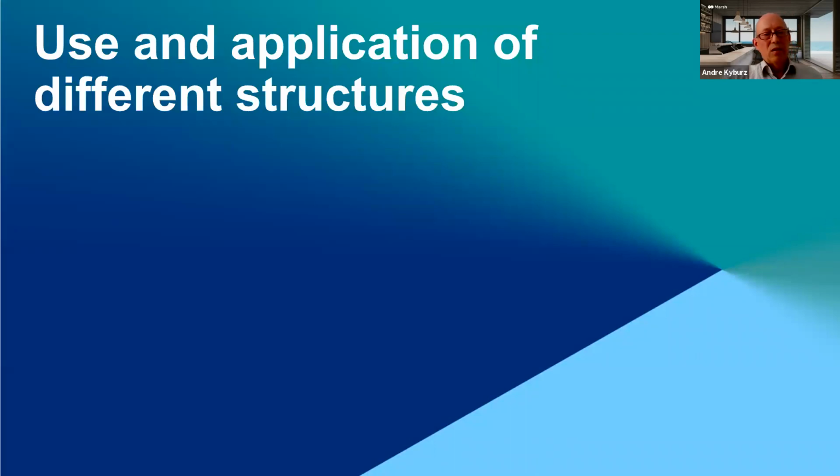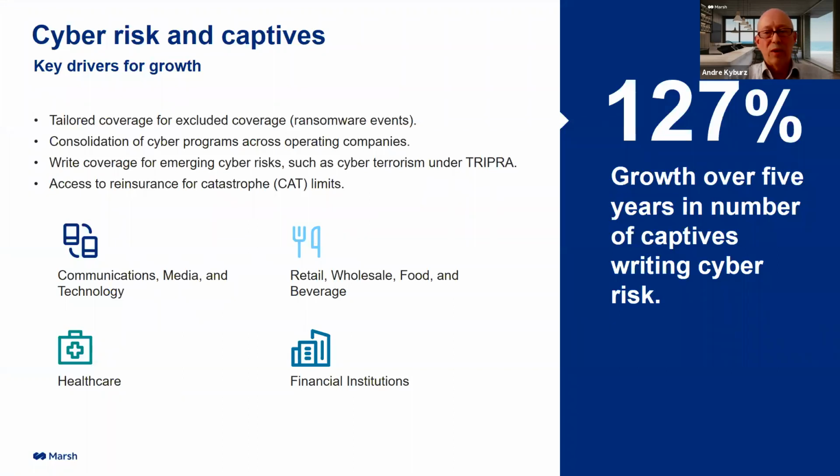Some use and application of different structures. Cyber is a good example of how captives and PCCs have evolved lately. I think initially, and George, you would agree, what we've seen mostly over many, many years is that captives were mainly used for property and casualty programs. Yeah, very much so.